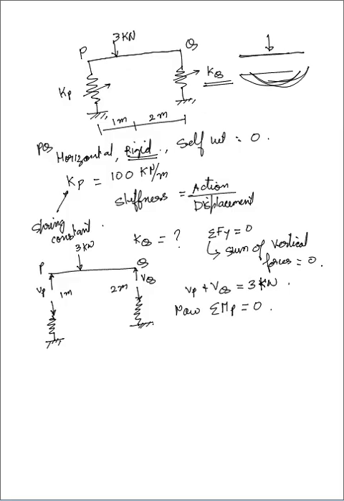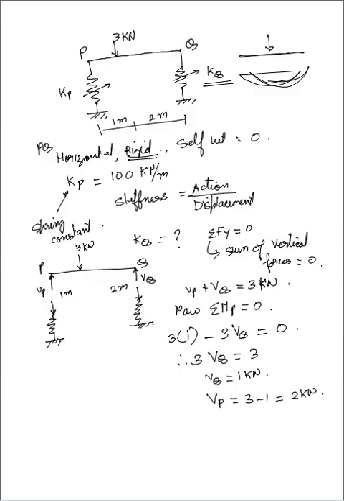Taking all these forces, 3 into 1 clockwise minus 3 into Vq anti-clockwise is equal to 0. Therefore 3 Vq is equal to 3, so Vq will be 1 kilonewton. So Vp will be 3 minus 1, that is 2 kilonewton.